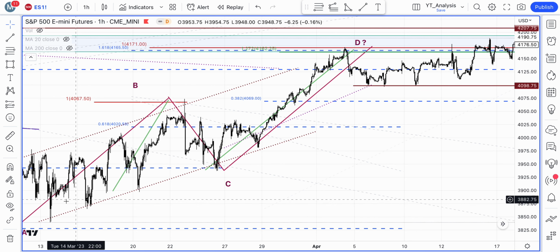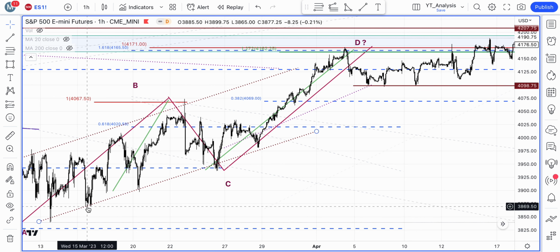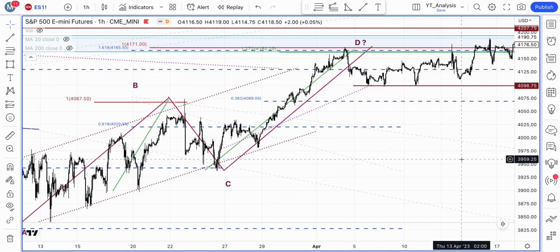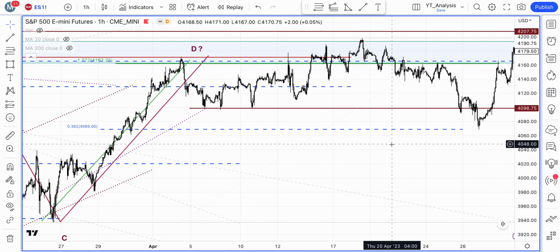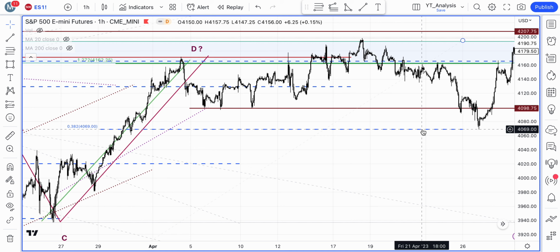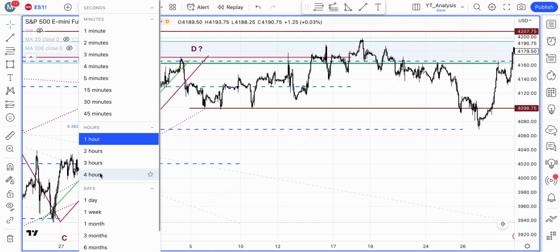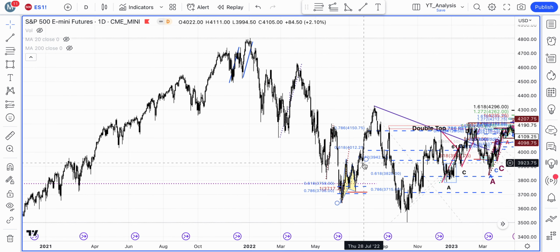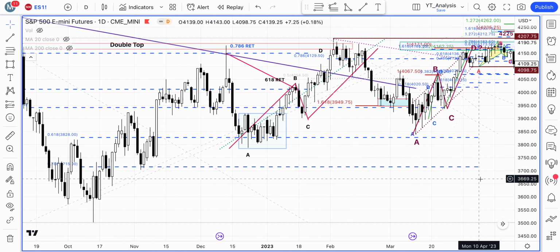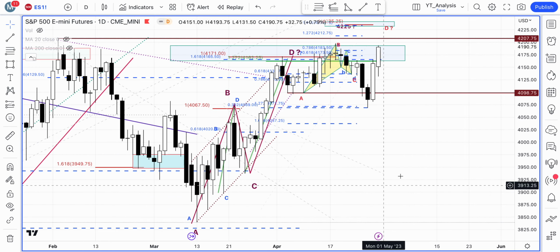Even if we take this low, it's fairly close, but if we take this low, it comes right at the exact level of the 38.2% Fibonacci retracement. So let's go back up to our daily chart.